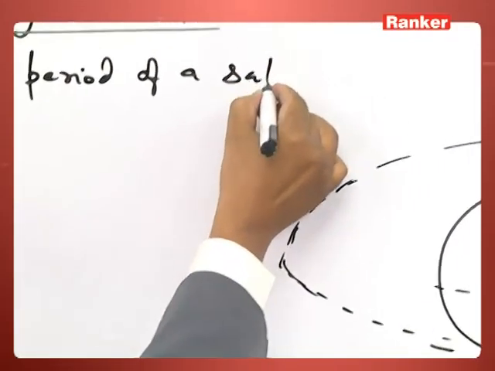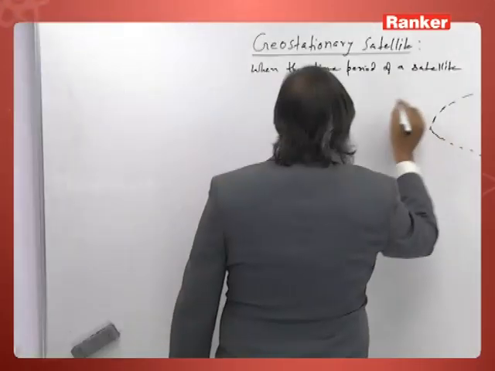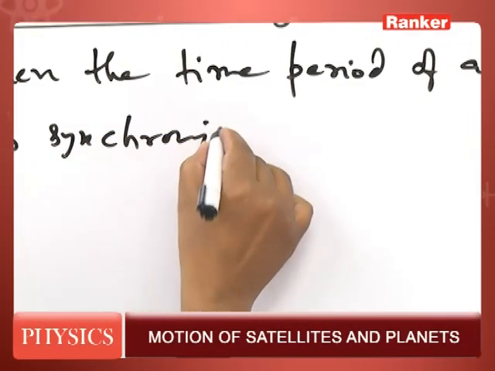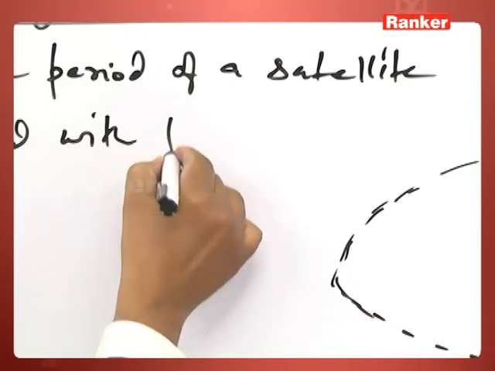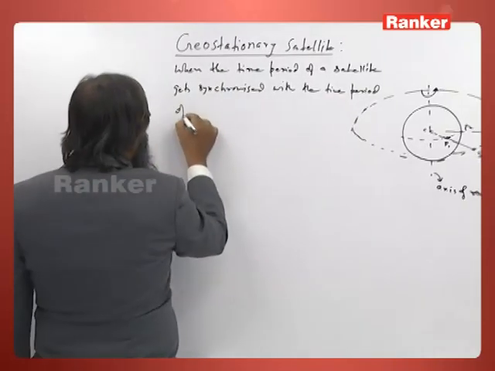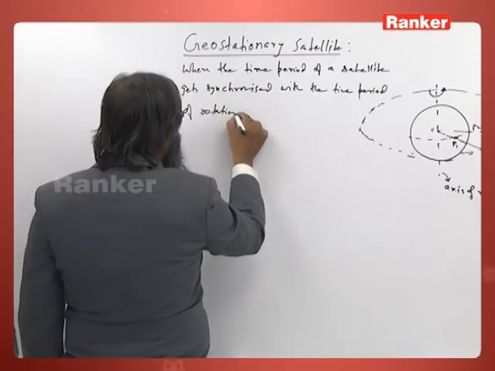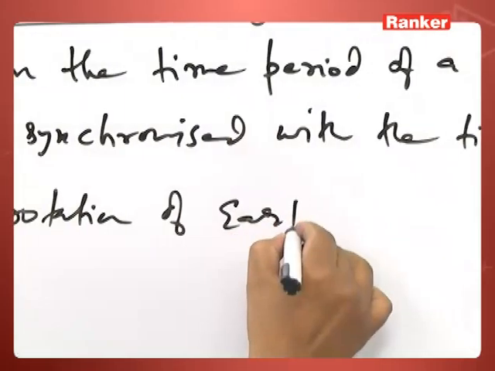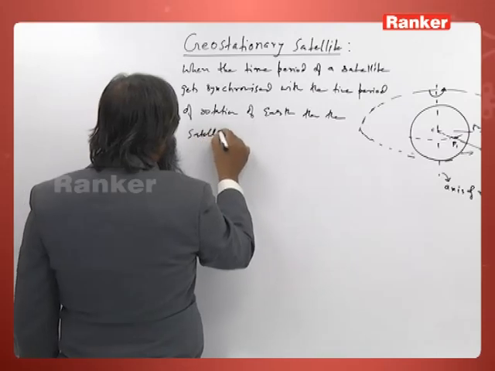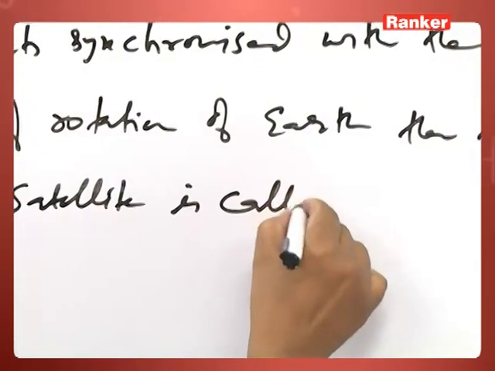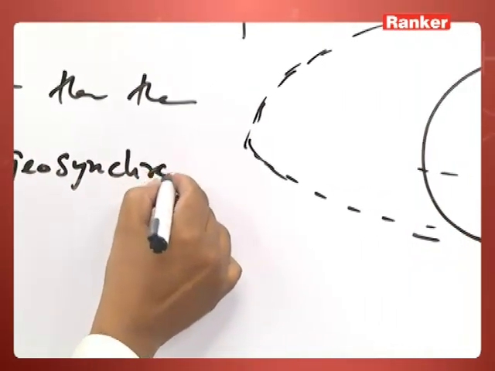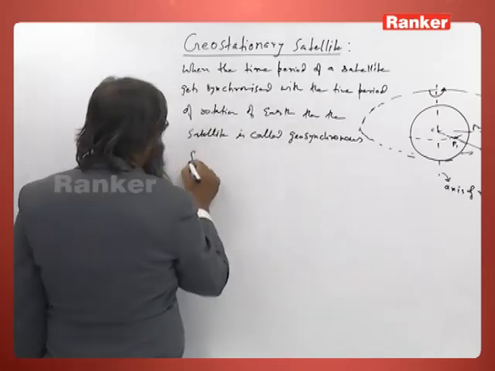So, when the time period of a satellite gets synchronized with the time period of rotation of Earth, then the satellite is called a geosynchronous satellite.